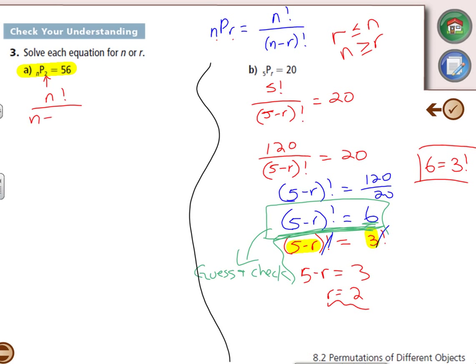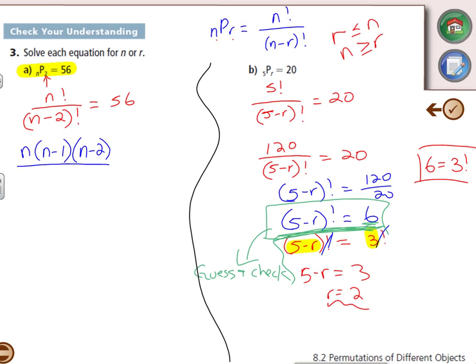N factorial over n minus 2 factorial this time equals 56. And I look up at the top, I say n factorial, n minus 2. Which one's larger? N or n minus 2? Oh, n's larger. I'm going to expand that one. N times n minus 1 times n minus 2.